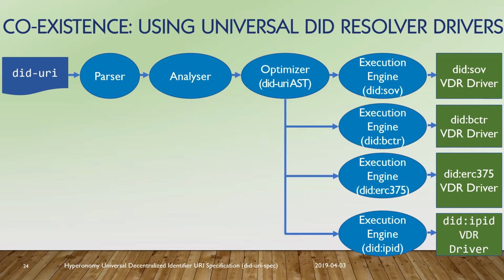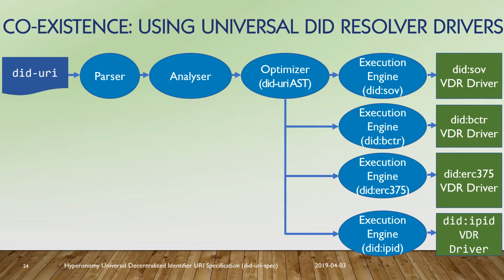And so those did ABNF URLs could then be used to leverage the existing universal did resolver drivers and essentially have the did-uri spec grammar and did-uris compatible with that grammar be able to run transparently and with 100% compatibility on top of the existing family, or the subsequent updated family, of universal did resolver drivers.